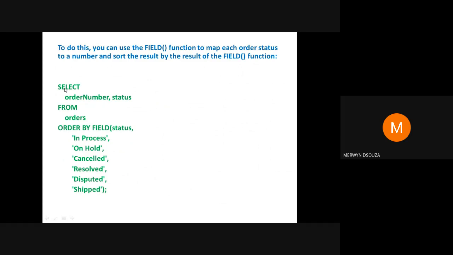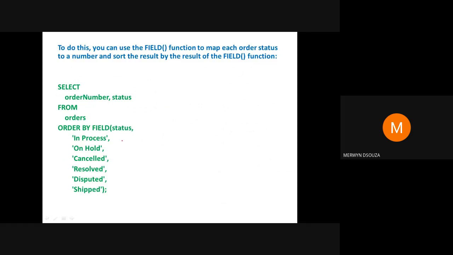So you will say, for example, SELECT order number, status FROM orders ORDER BY FIELD. Put the name of the column, status, and within this column there are various statuses like in process, on hold, cancelled, resolved, disputed, and shipped. I want to sort them in this order.